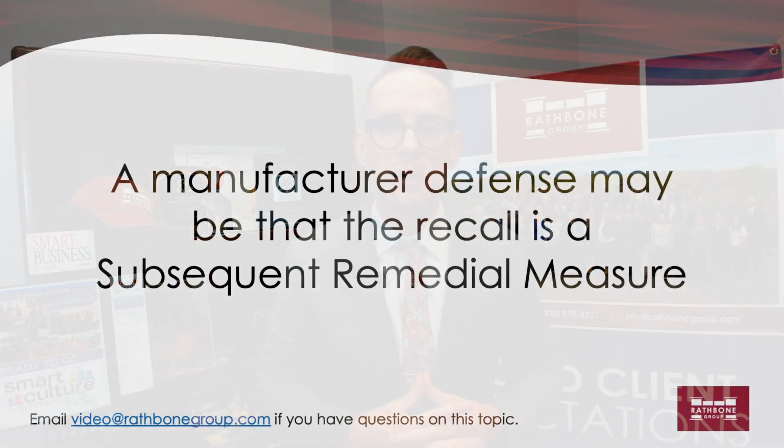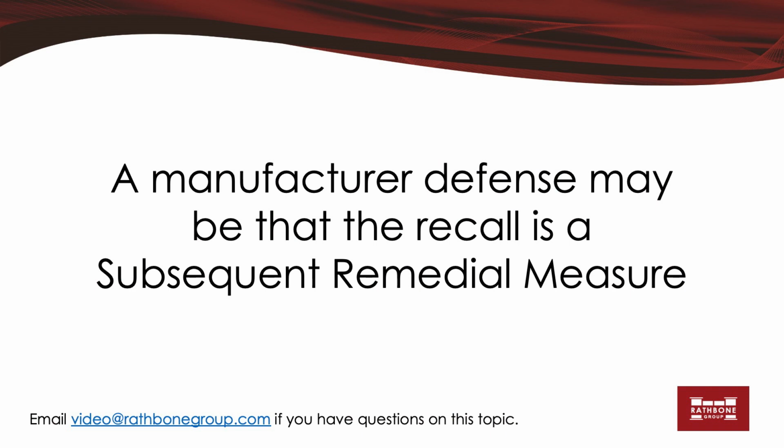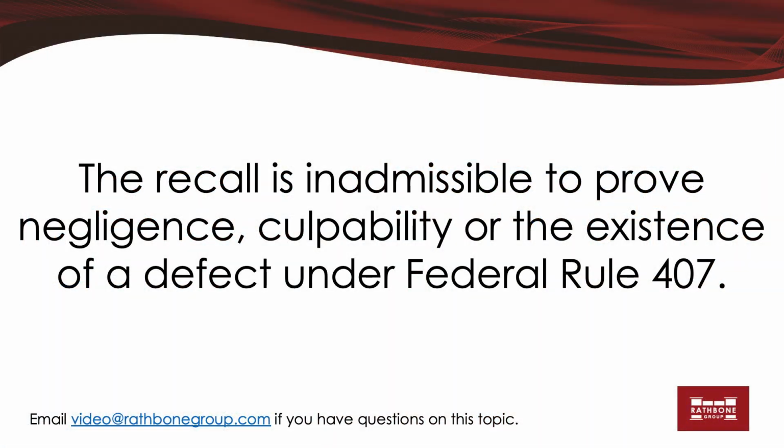Now, one way that a product manufacturer may try to fight you on introducing a recall notice as evidence is by calling it a subsequent remedial measure, which is barred from evidence under the federal rules of evidence. In subsequent remedial measures, when a product manufacturer subsequently comes along and does something to correct a defect in a product, that correction will be inadmissible to prove negligence, culpability, or the existence of a defect under Federal Rule 407.